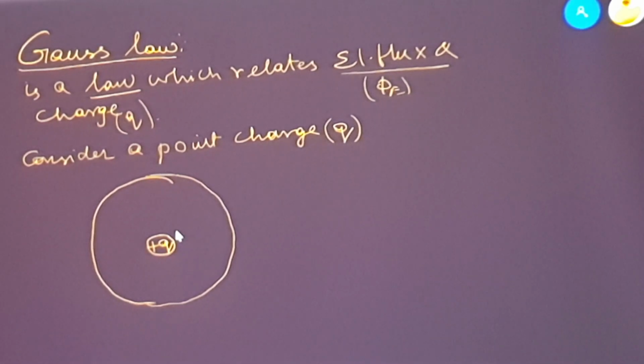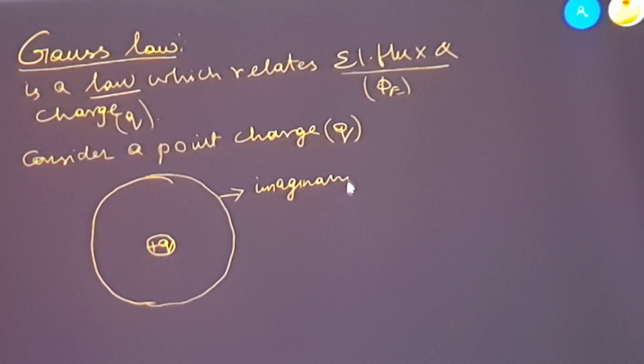You consider a charge in air, and around that charge you consider a sphere just like a ball. The sphere may be of any dimension, so we generally call this sphere an imaginary sphere.